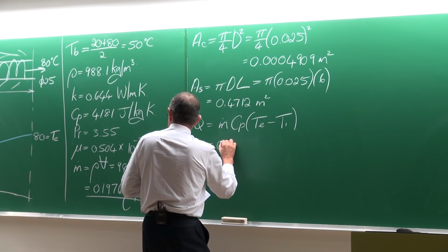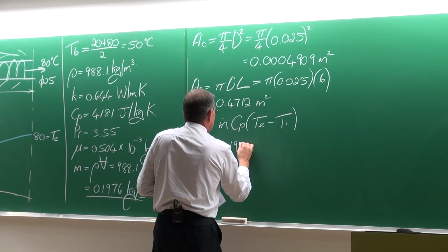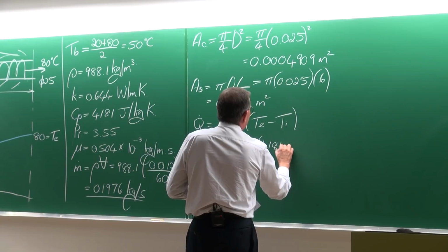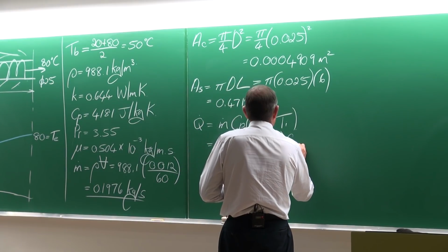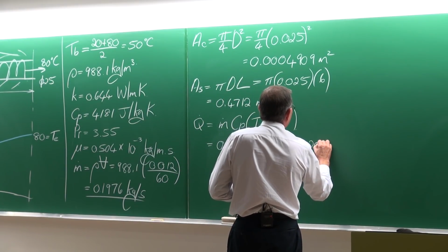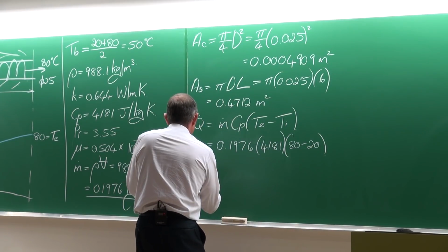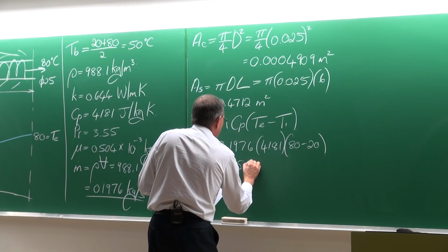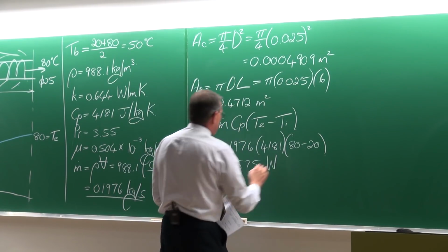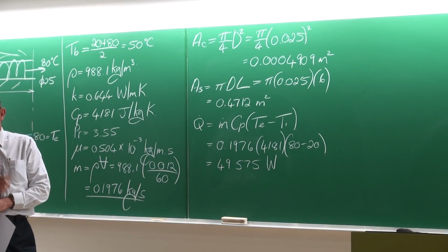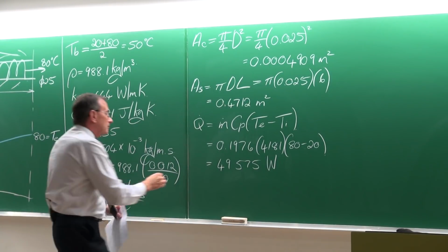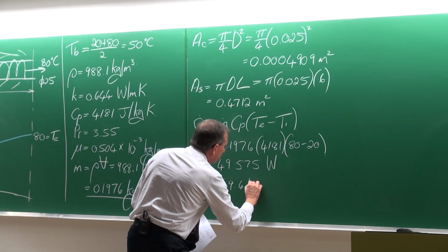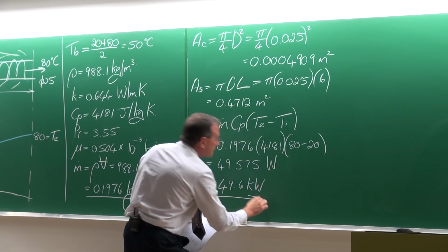The mass flow rate is 0.1976, the Cp value is 4181, and the temperature difference is 80 minus 20. That gives us a heat transfer rate of 49,575 watts. That's not an engineering answer. The engineering answer is 49.6 kilowatts.